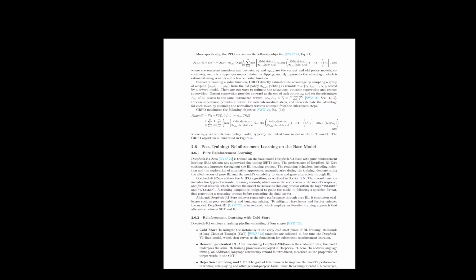Pi theta and pi theta old are the current and old policy models, respectively, epsilon is a hyperparameter related to clipping, and A_t represents the advantage, which is estimated using rewards and a learned value function.